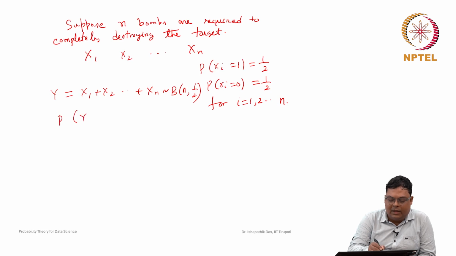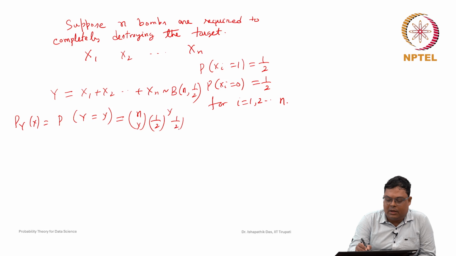The probability that Y is equal to small y, that means the probability mass function of how many bombs out of n hit the target, is nC y p to the power of y times (1 minus p) to the power of n minus y.